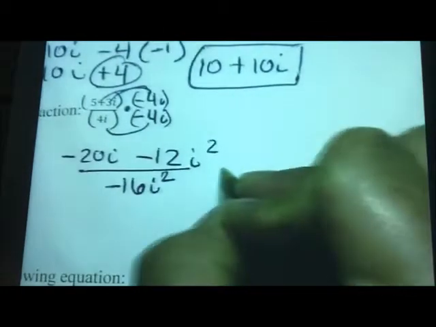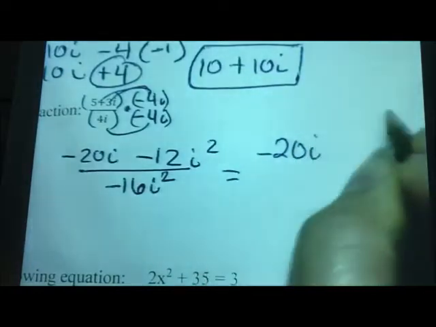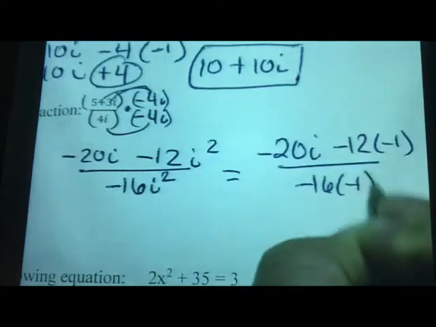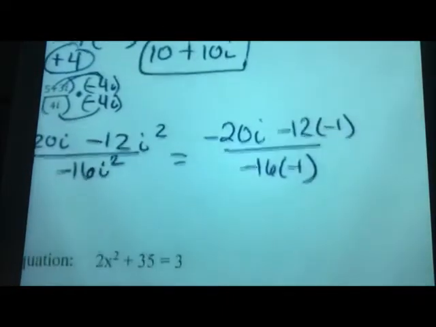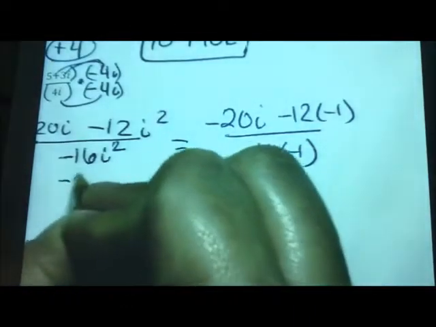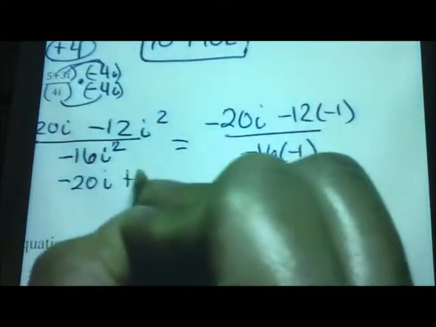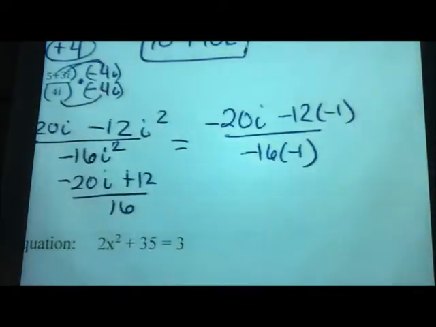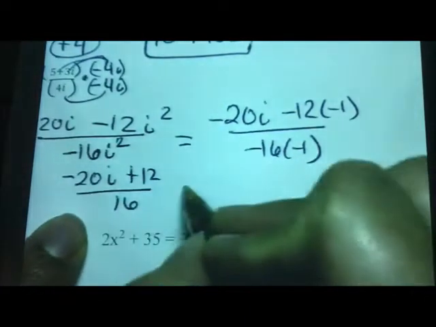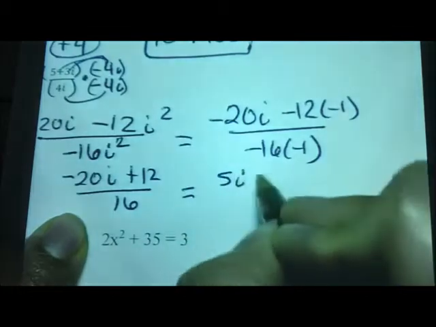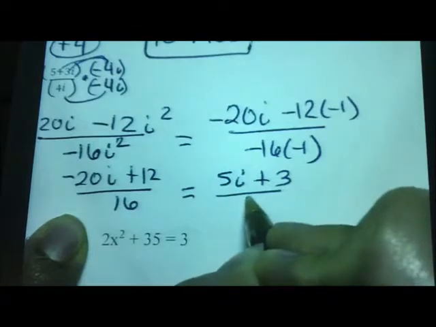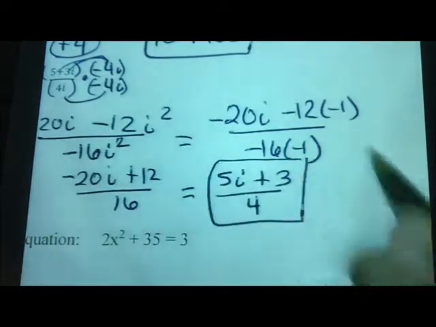So moving this over, negative 20i minus 12 times negative 1, negative 16 times negative 1, negative 20i plus 12 over a positive 16. If we could reduce, we go ahead and reduce. All those numbers are divisible by 4. So negative 20 divided by 4, 5i, 12 divided by 4, 3, 16 divided by 4 is 4. And that would be my final answer.